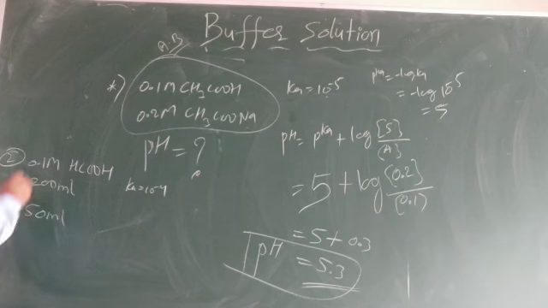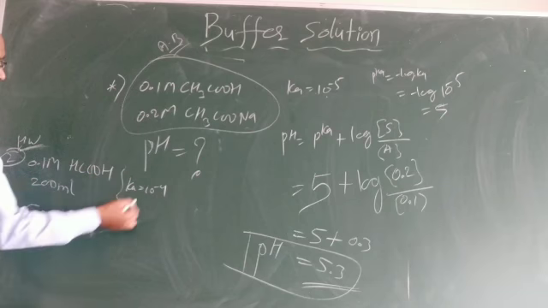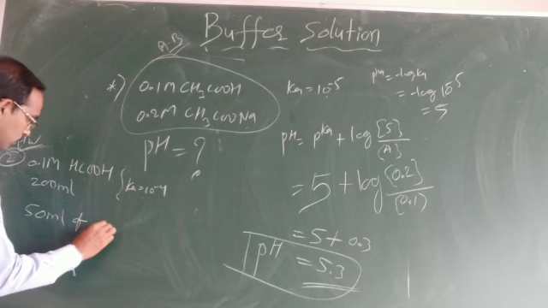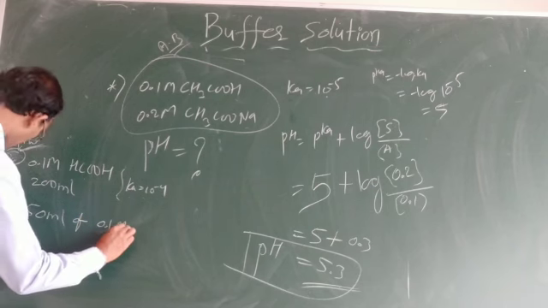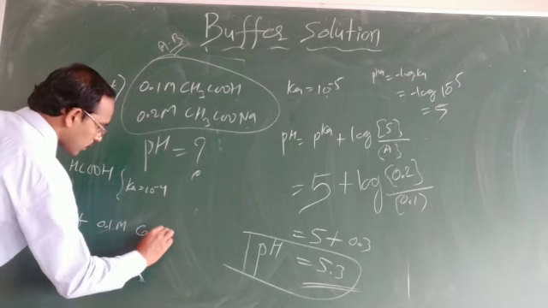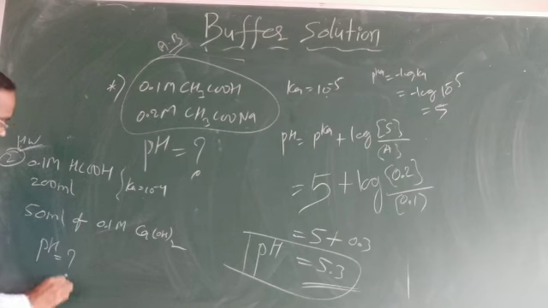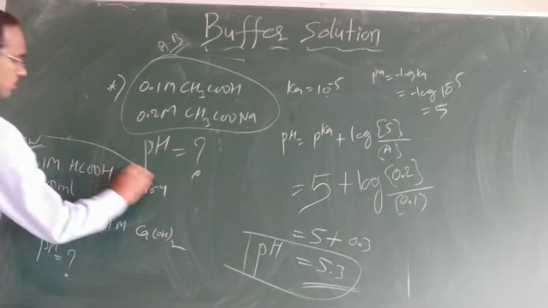I'm giving a homework question. 0.1 M acetic acid, 200 ml. The Ka value is 10 power minus 4. Then 50 ml of 0.1 M calcium hydroxide. Then calculate the pH. Okay.